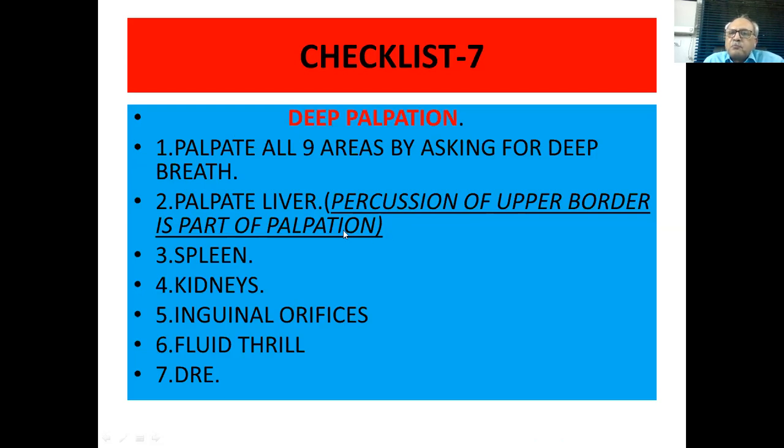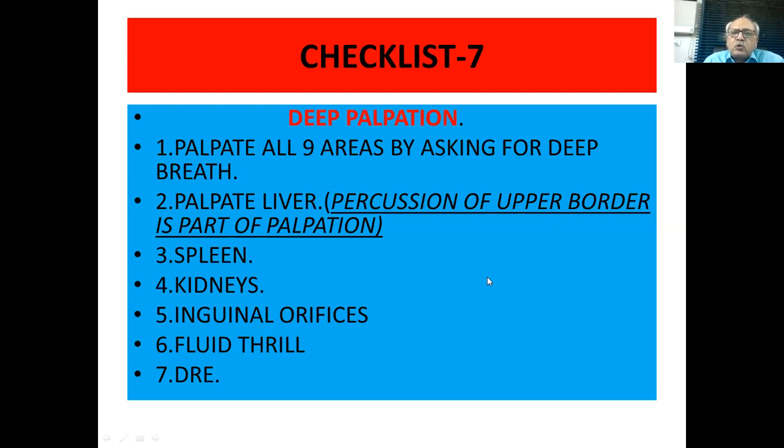After deep palpation and palpating in all 9 regions of the abdomen, the next step is to palpate the liver. Liver palpation starts from the right iliac fossa and you move toward the right hypochondrium. The lower edge of the liver is palpated with the margin of your index finger. All the time you ask the patient to take a deep breath.